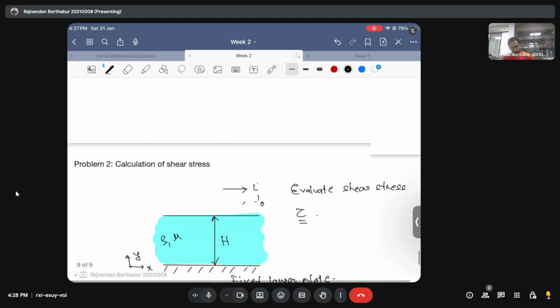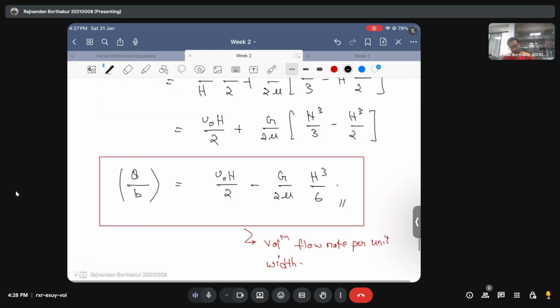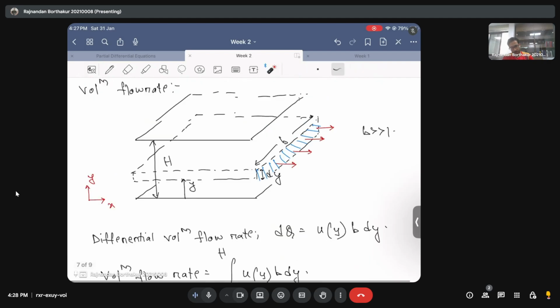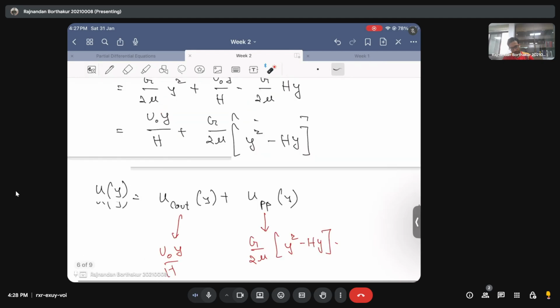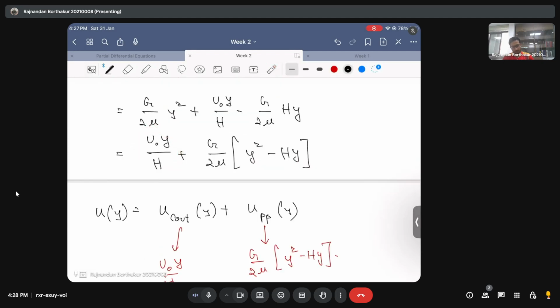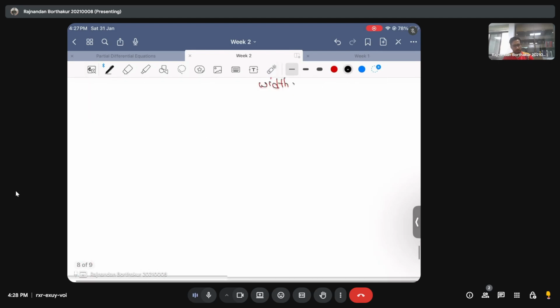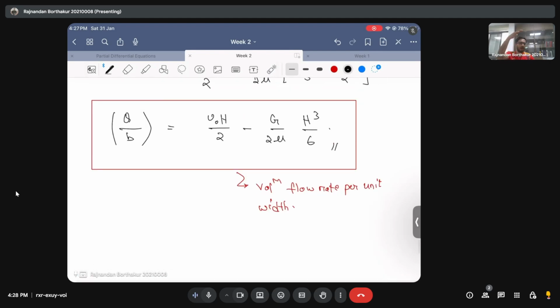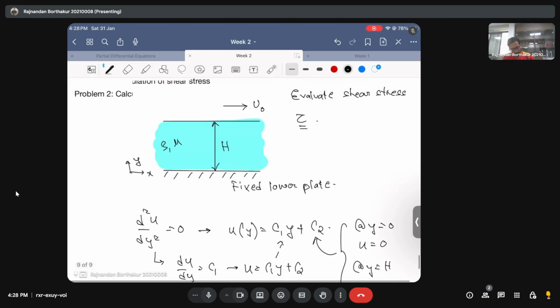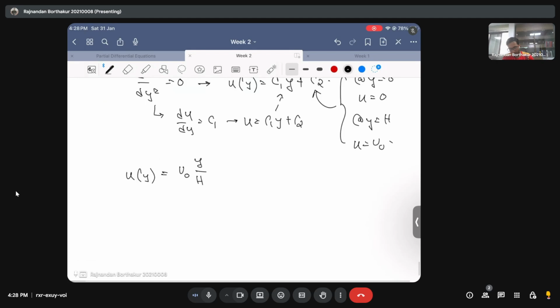That is exactly what we got when we solved the first part of this problem, the velocity field due to the actuation of the upper plate only. So this is your velocity profile. I don't think I need to elaborate on this much because we have been seeing this repeatedly. Now the calculation is to calculate the shear stress.